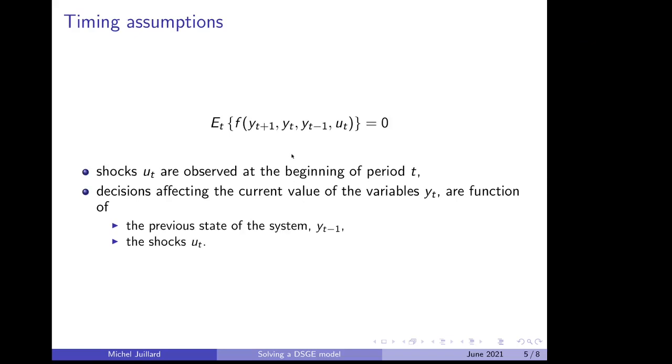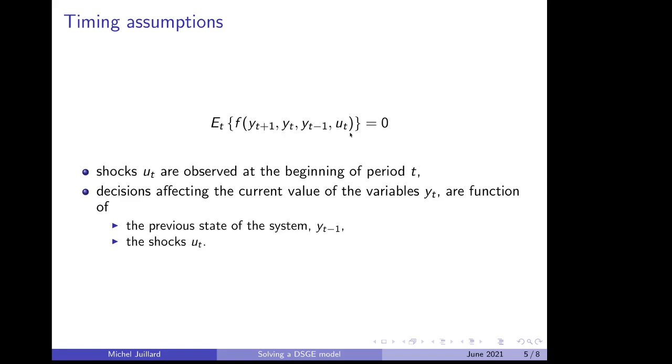We need also to be very clear about the timing assumption. And that means making explicit what we mean when we write that the conditional expectation given what we know at period t is equal to 0.